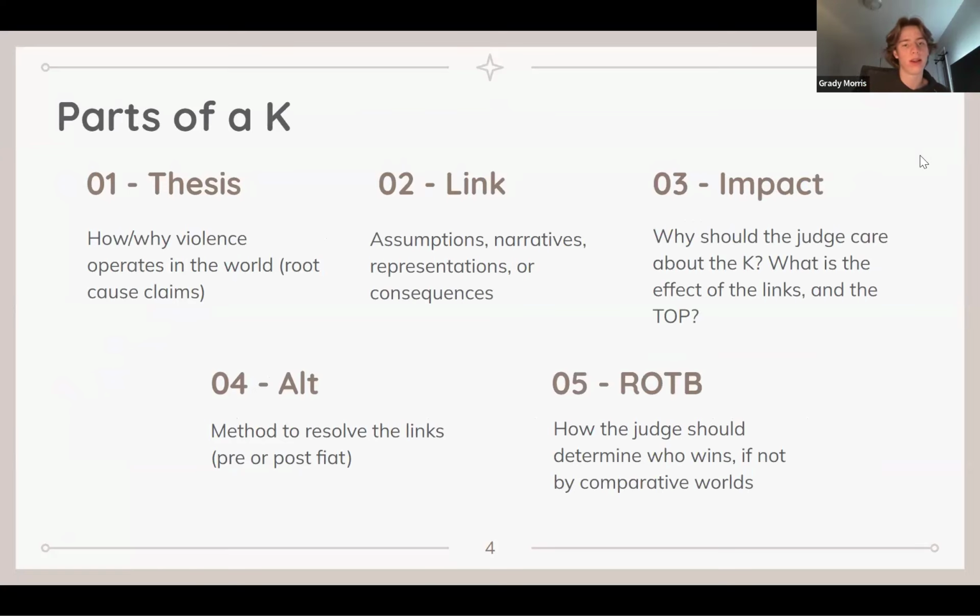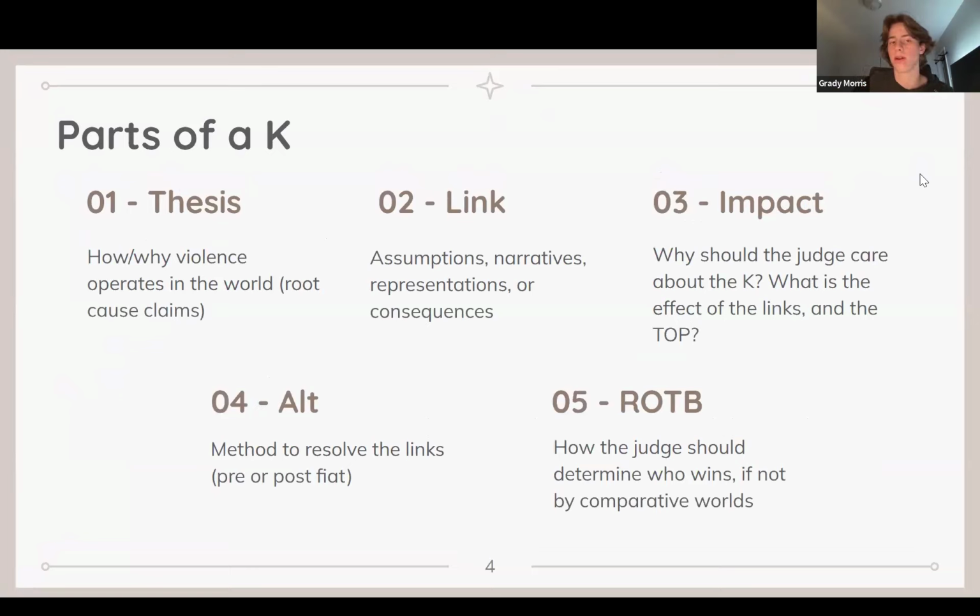Then there is the link, which could be based on assumptions, narratives, representations, or consequences. It is basically saying that the affirmative engages in the form of violence that the theory of power describes. Then you have the impact, which functions the same as something like a disadvantage or the affirmative impacts, in that it says why the critique actually matters to the judge, i.e., what are the effects of the links or the theory of power.